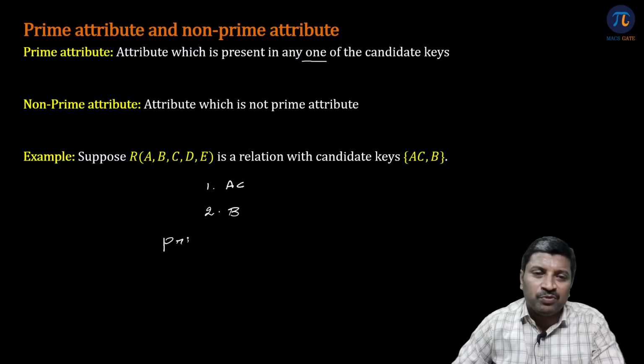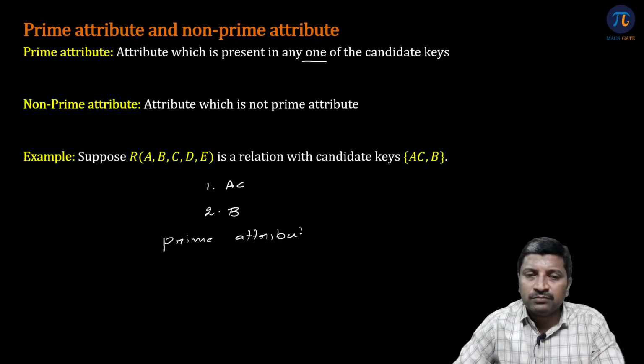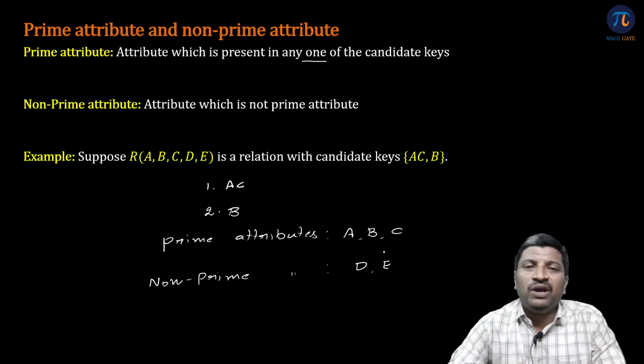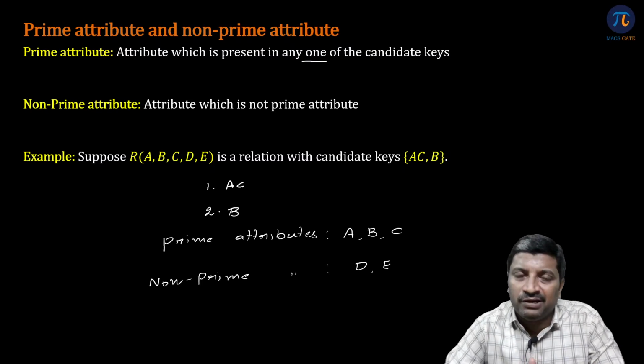So in this example, the prime attributes are A, B, C. The non-prime attributes are D, E.